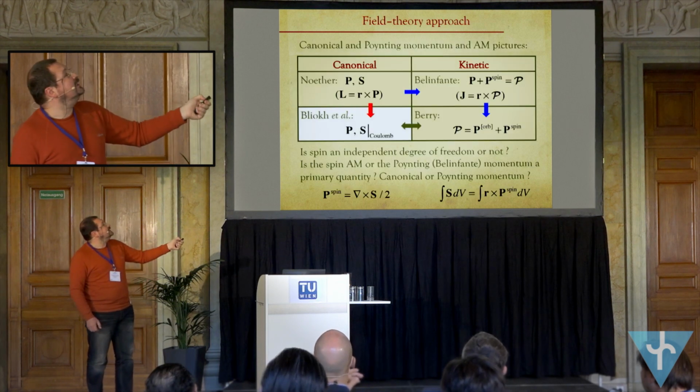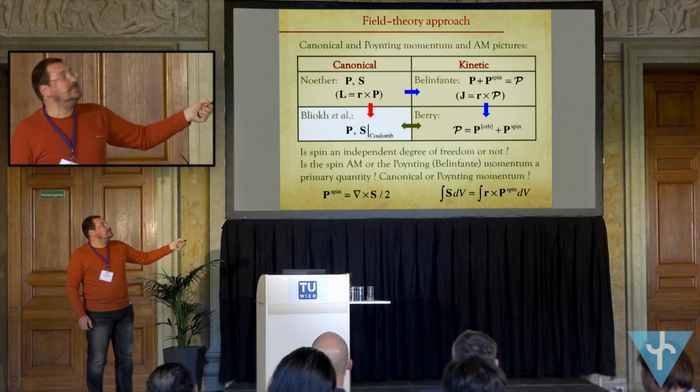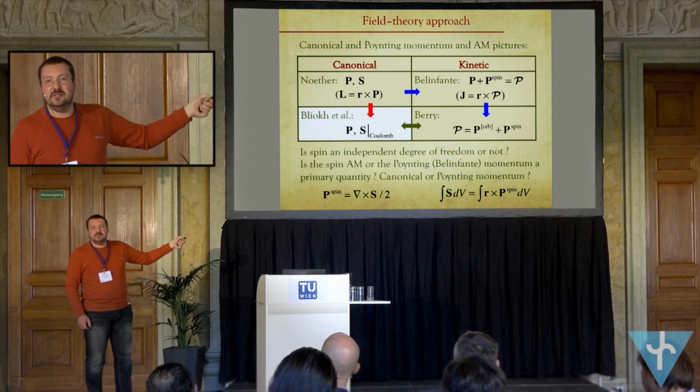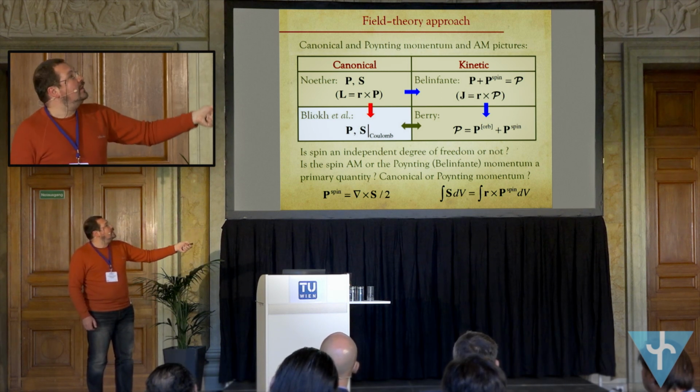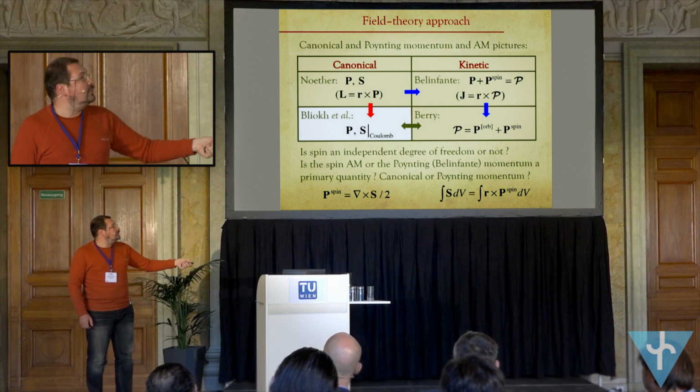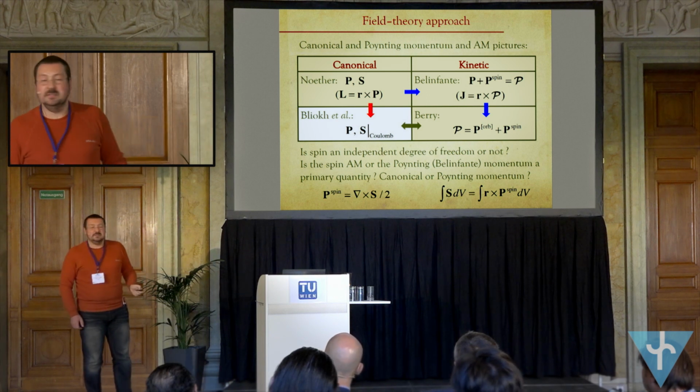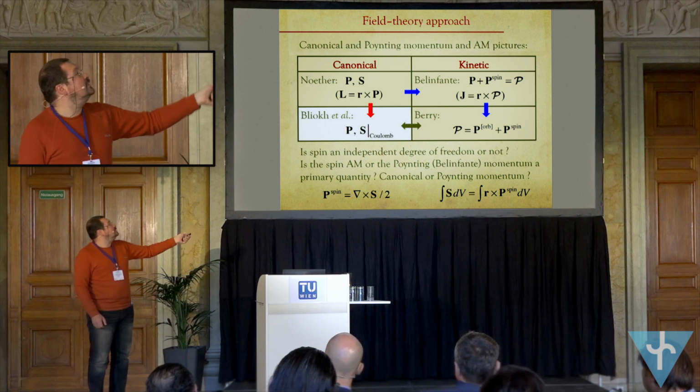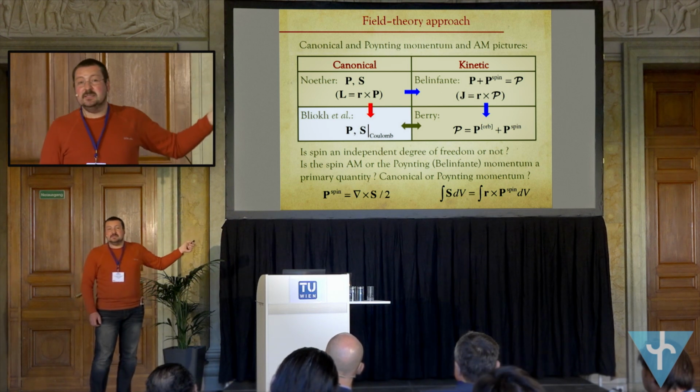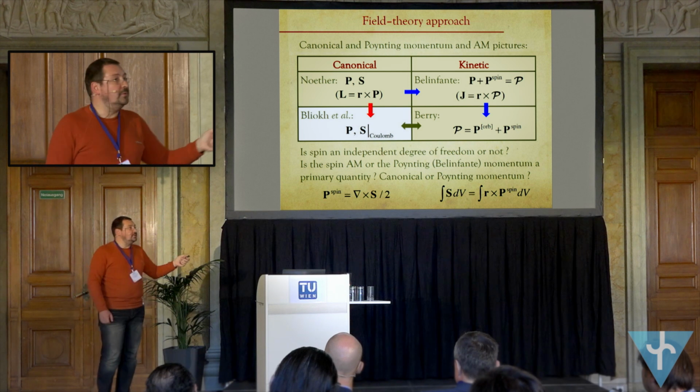Okay, and this is a dramatic difference. The difference is here: spin is an independent degree of freedom. In the other picture, we need to derive spin using some non-local integral relations. So I will show that this picture is much more preferable and much more consistent with what we see in the optical laboratories.